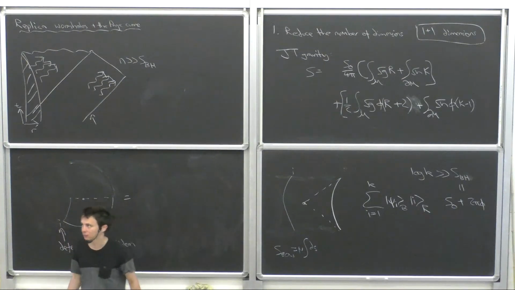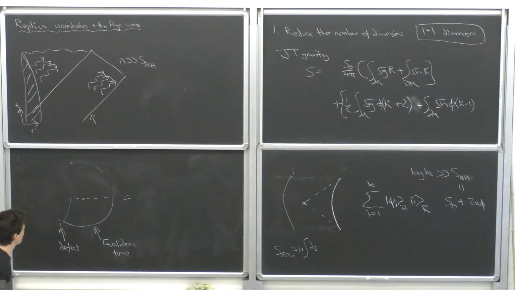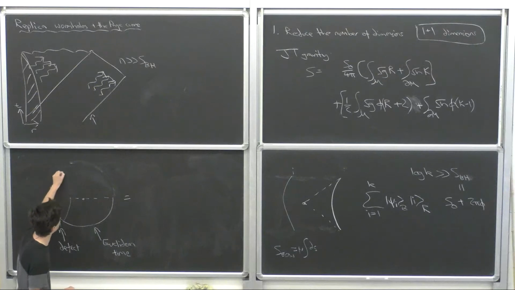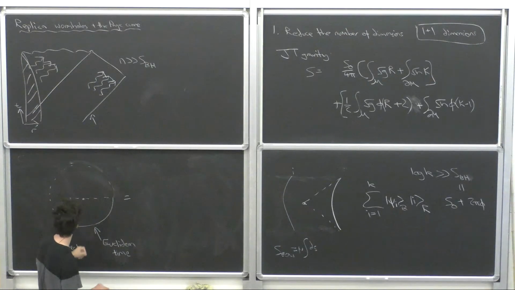How much Euclidean time do you evolve the defect? Beta over 2 or less? It will be less in general, I think, because in the limit where the mass of this thing is very large, then it will be beta over 2. The temperature of the black hole is determined by the full size of this circle, right?